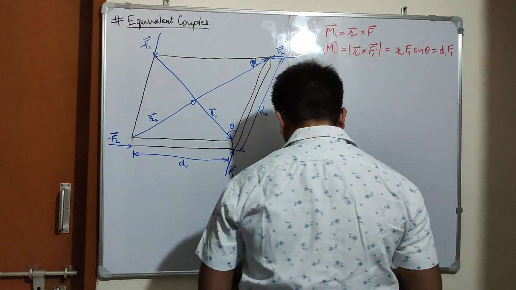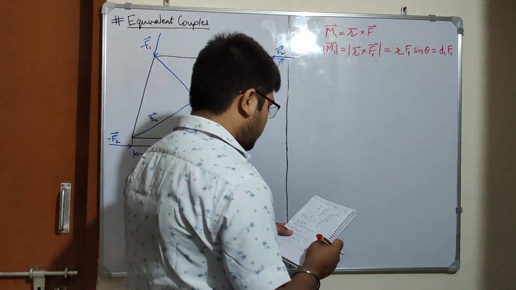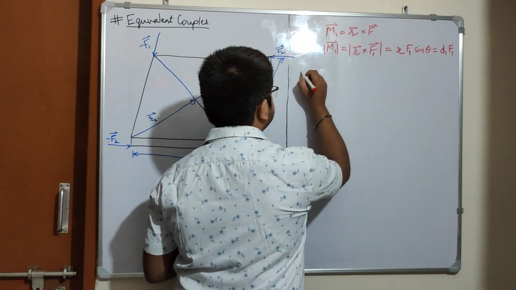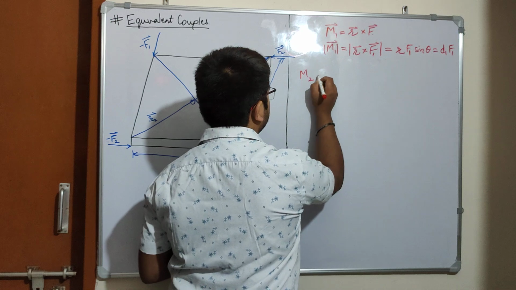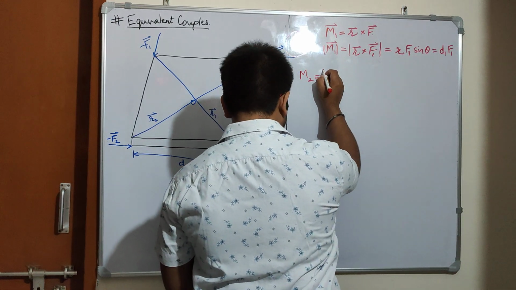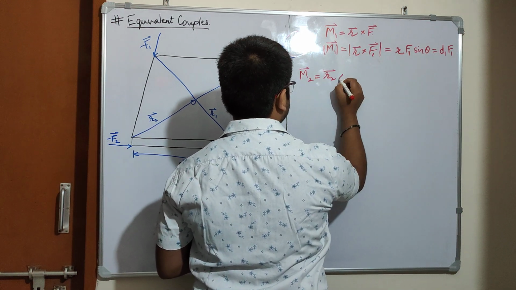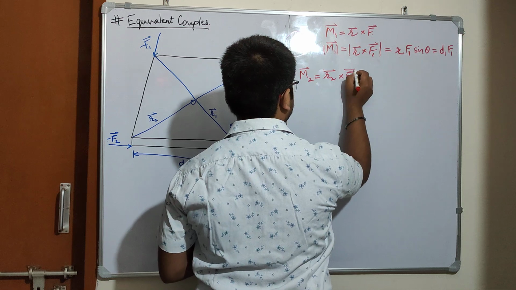So this is the moment one vector. Similarly, for moment two, we have moment two equals R2 vector cross F2 vector.